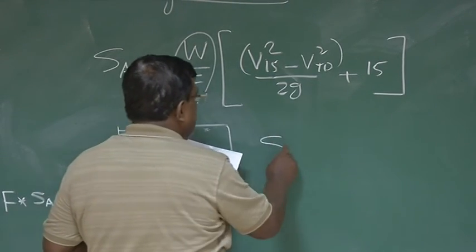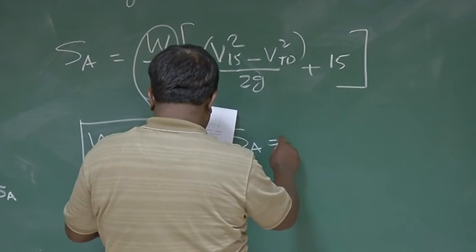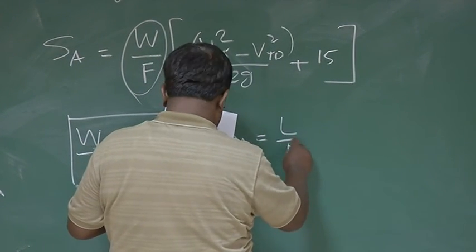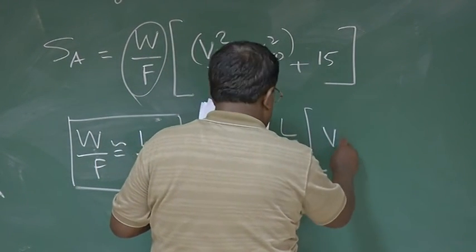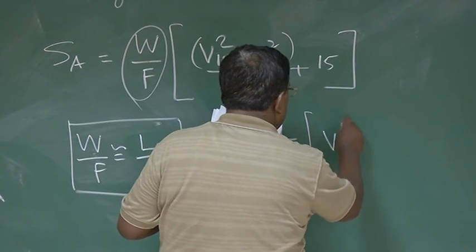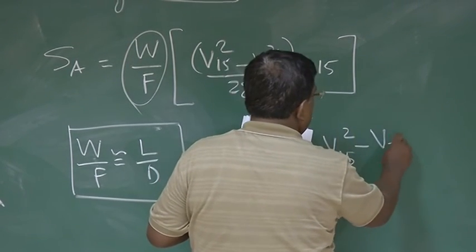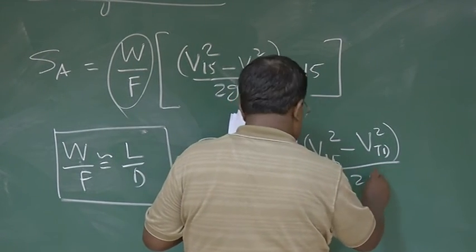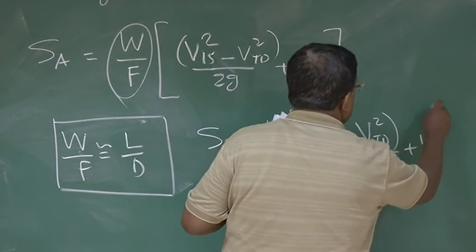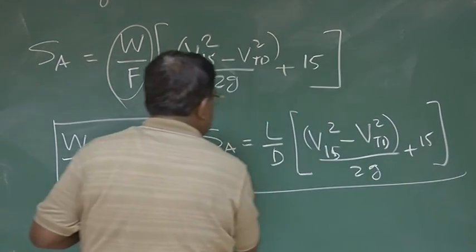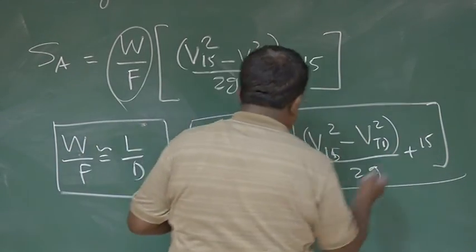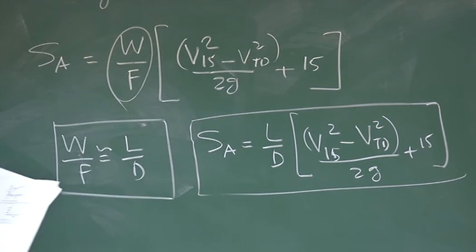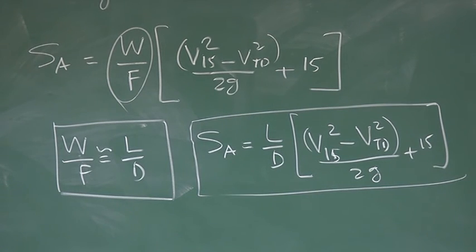So I write SA is equal to L by D, V15 square minus V touchdown square by 2G plus 15. This will give in meters. So that is an approximate expression for your SA, which is the initial part.